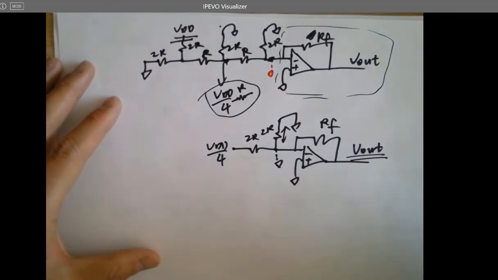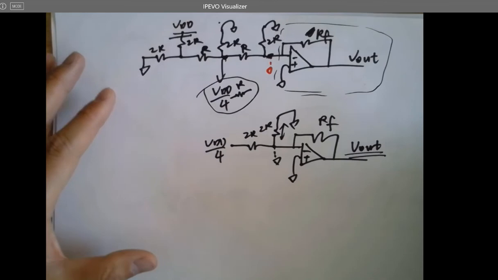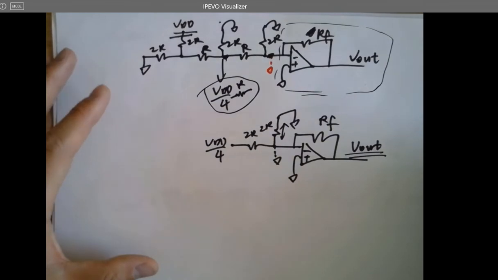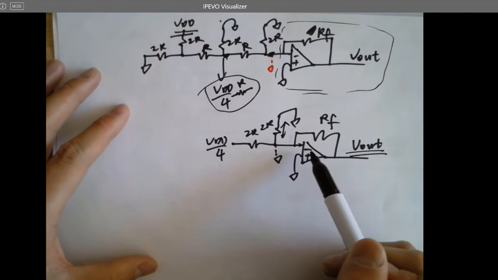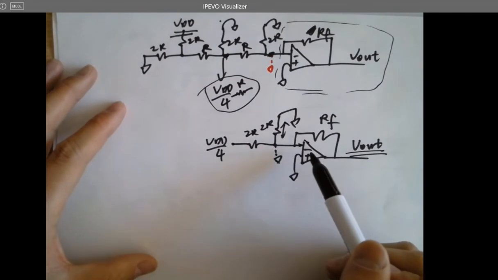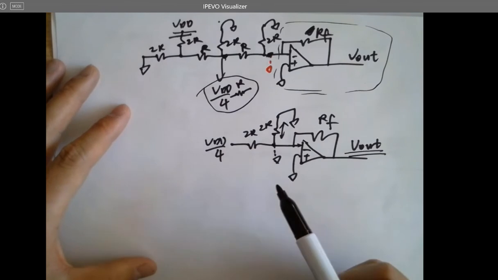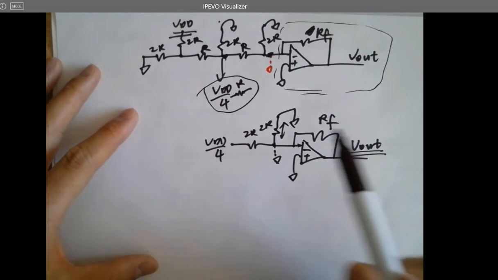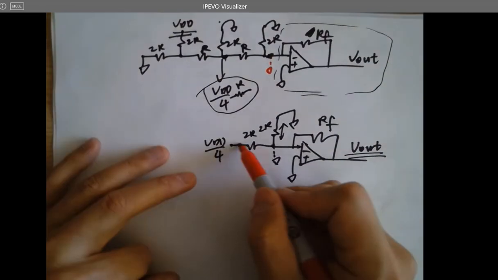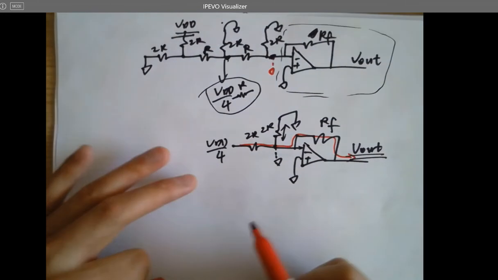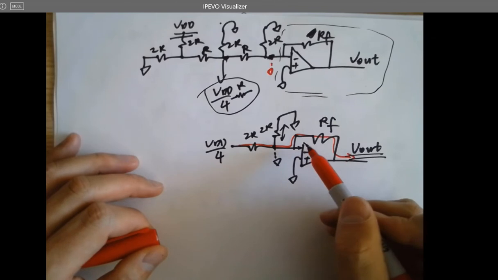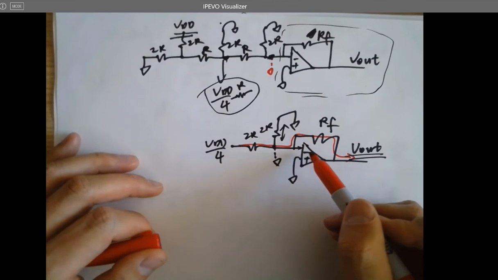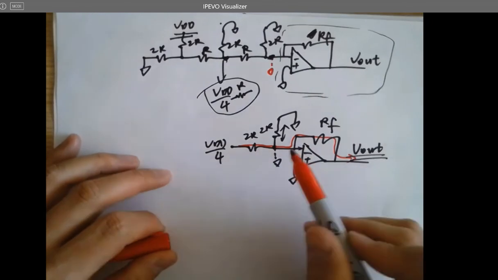Non-inverting or inverting? Inverting amplifier, right? Inverting op-amp, because the input is injecting into the inverting terminal. And because this is 0 volts, you can list the current, because the current is flowing like this. It has nowhere else to go, because of the super high input impedance. Current is not injecting into the op-amp.